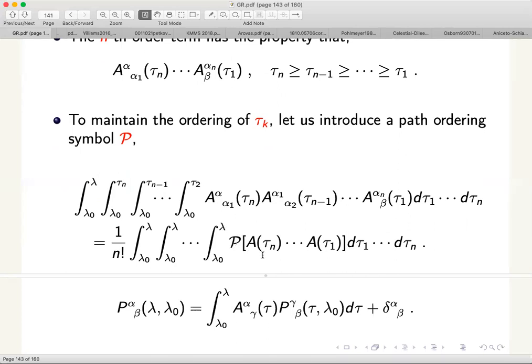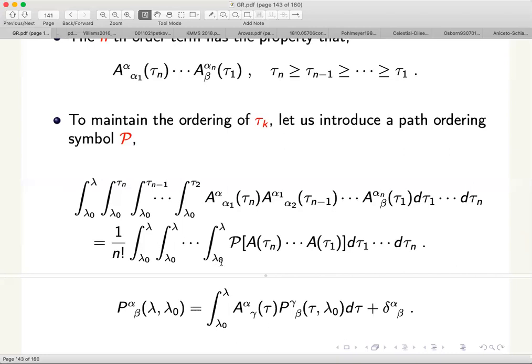This is pretty much the kind of stuff that you would do, say, when you do path integral in, say, quantum mechanics, where the quantity that you write inside the path integral, you don't really worry about how it is ordered. The path integral will take care of its ordering. So this is pretty much like that. Once the path ordering operator is going to take care of the ordering of all these quantities, you could write down all these integrals going from lambda naught to lambda unrestricted.